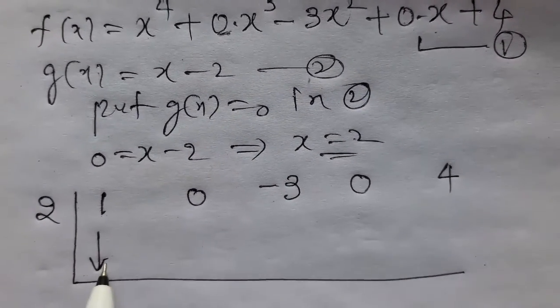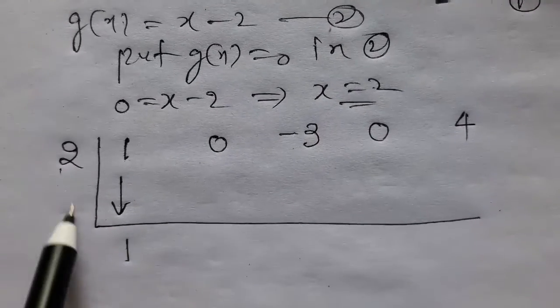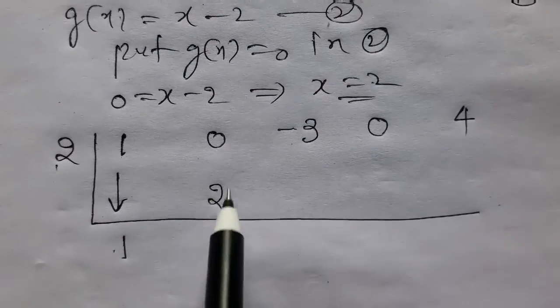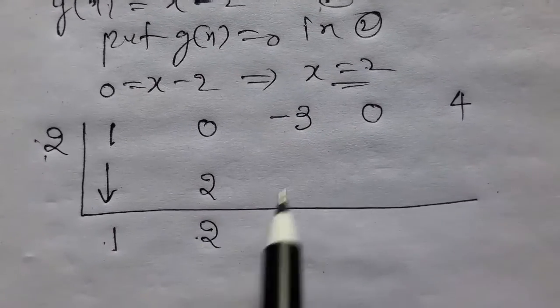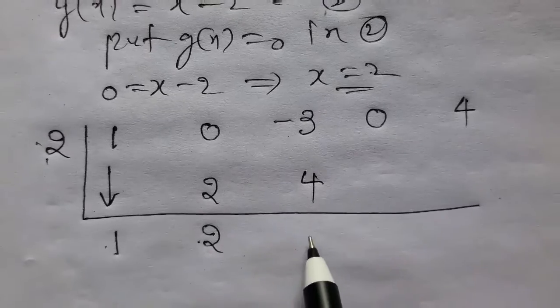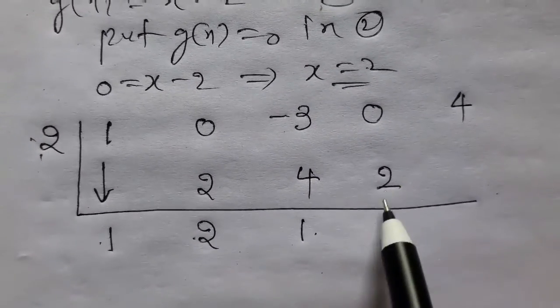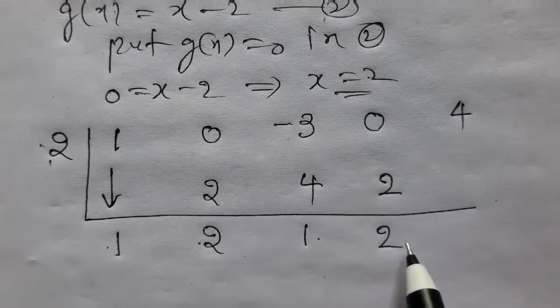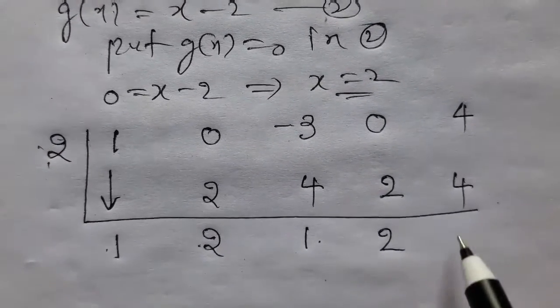By using synthetic division method, now bring this 1 as it is. 2 ones are 2. Add these two. 0 plus 2 becomes 2. 2 twos are 4. Write 4 here. Add these two. 4 minus 3 becomes plus 1. 2 ones are 2. Add these two. This became plus 2. 2 twos are 4.